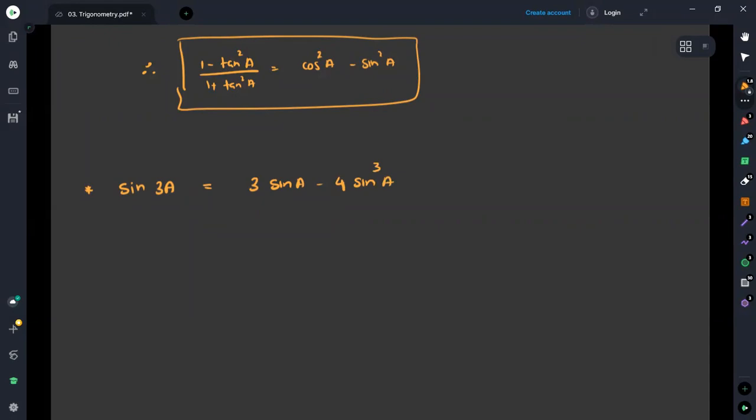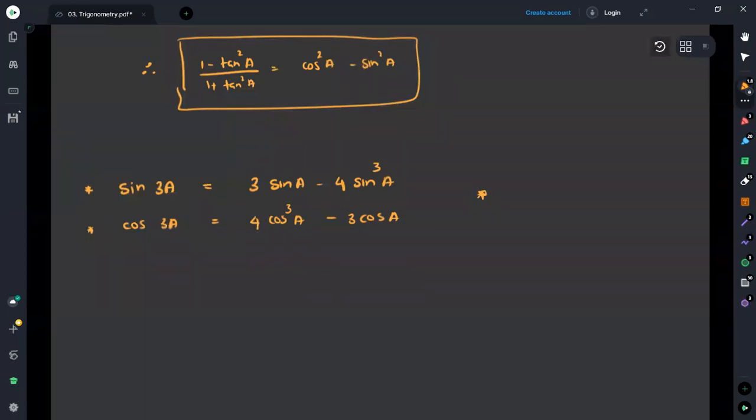Similarly, we can try for cosine 3A equals 4 times cosine cubed A minus 3 times cosine A. These are other proofs that we can do using trigonometric identities.